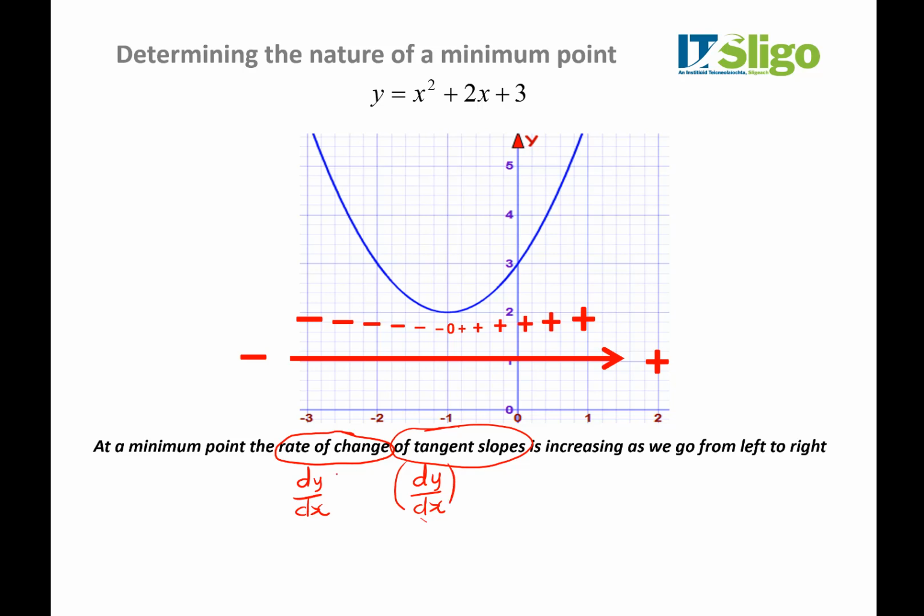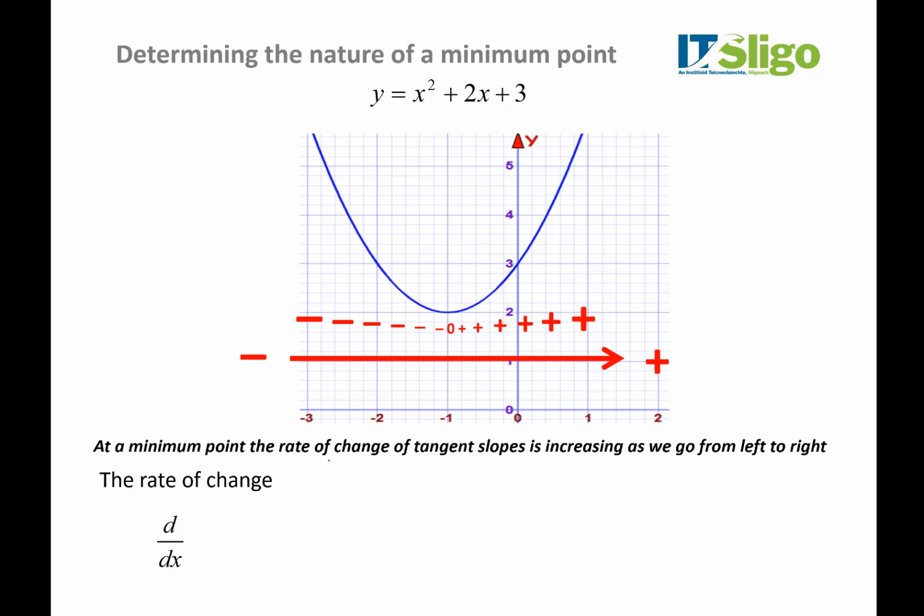So we're essentially multiplying these. We're getting the derivative of a derivative. So the rate of change, that's d/dx, normally we would have a y in here, but we're not done yet, of tangent slopes. So we're getting the derivative, this is a derivative, and we're getting the derivative of that.